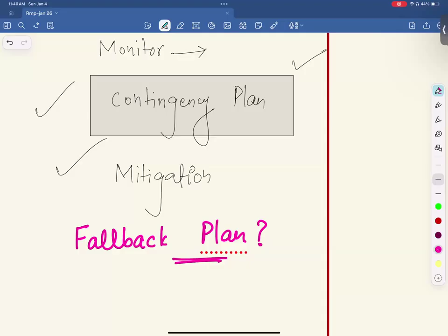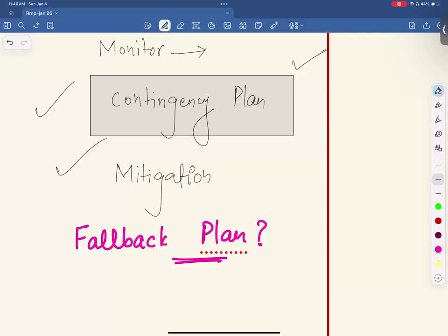Right. Anybody else? Same kind of changing the strategy, right? Fallback plan is when, see, you have a primary plan. When your primary plan fails, you come up with another plan that is called plan B. So plan B is called fallback plan.